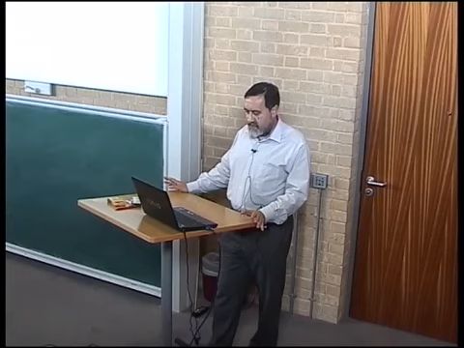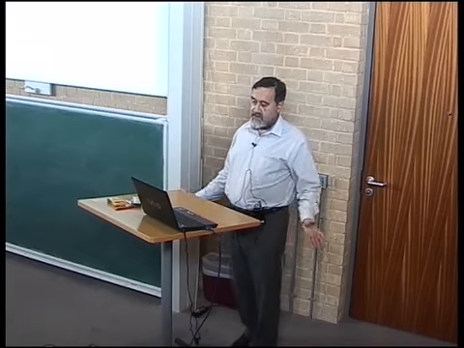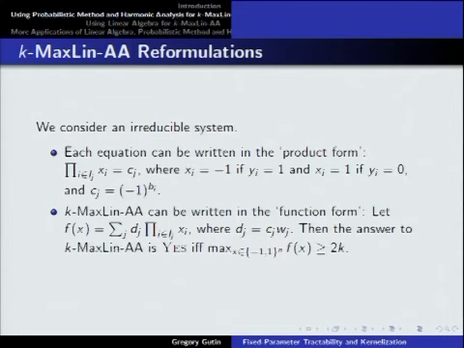It's easy to see that the answer to k Max-Lin above average is yes if and only if the maximum of that function is greater than or equal to 2k. So we can study that problem also as a problem of maximization of this type of functions. The only thing is that we assume the free coefficient in the Fourier expansion is 0, because we don't have any empty equations here.